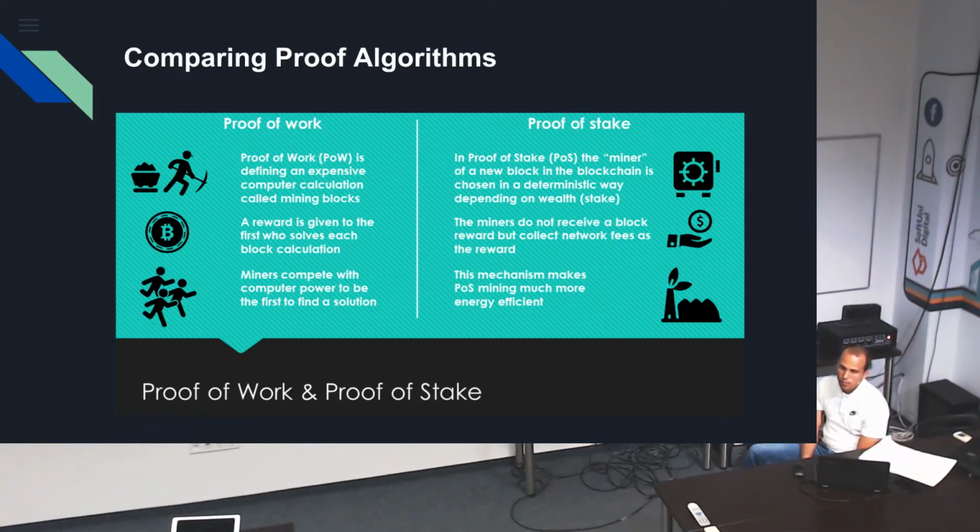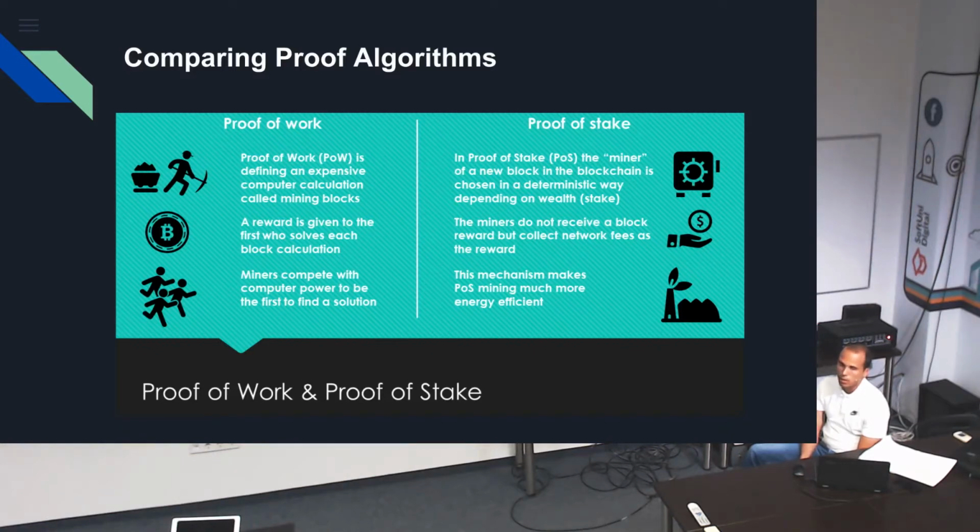That's the first consensus that is used in Bitcoin and Ethereum right now. They use different proof of work algorithms, but that's pretty much it. The other consensus algorithm is the so-called proof of stake. The Ethereum network is going to move from proof of work to proof of stake with the next Casper update.